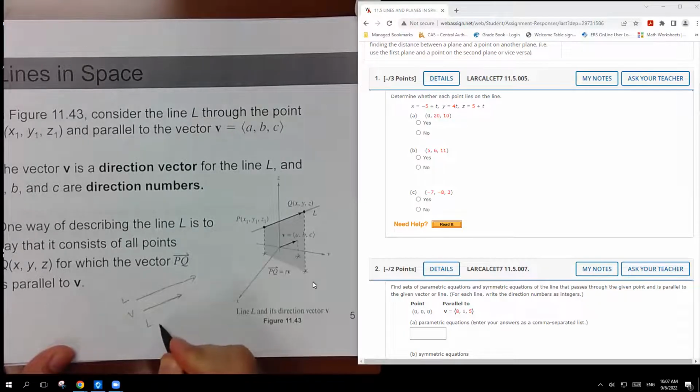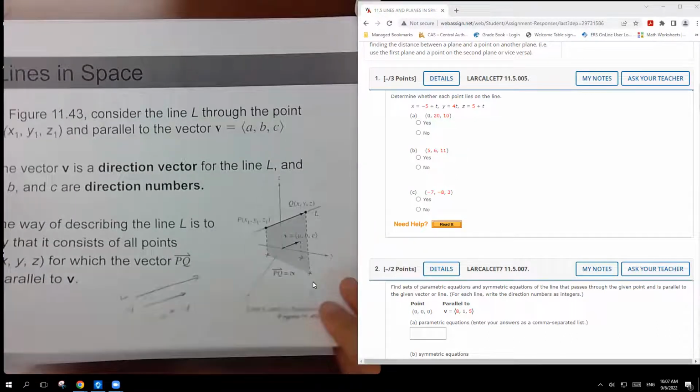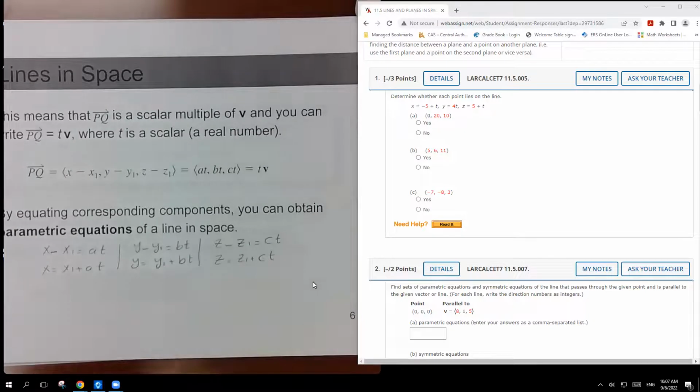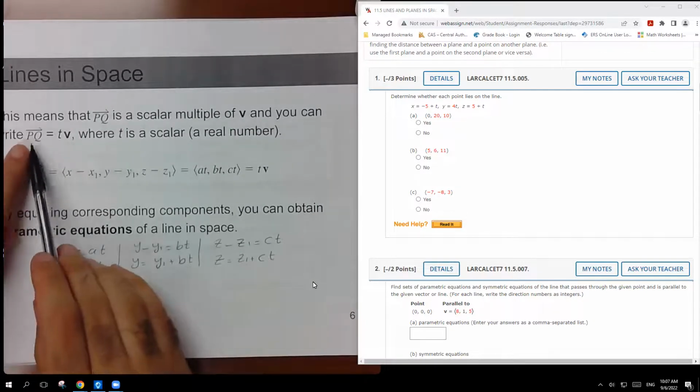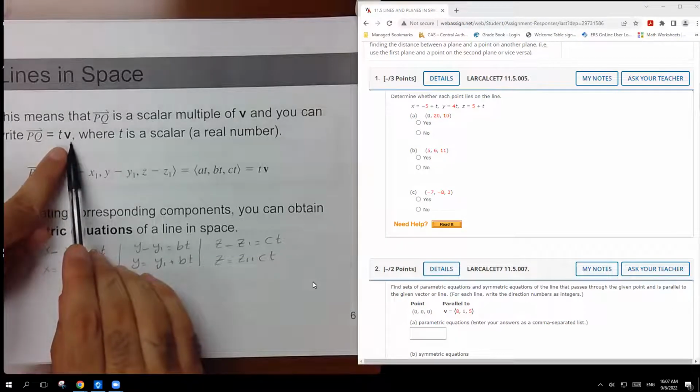Here's the line L equal to the scalar T times the vector V. A line is parallel to a scalar times the vector V because they have the same direction. That's what we're going to check on the next page. So they're telling you PQ, which is the line, equals the scalar times the vector V.